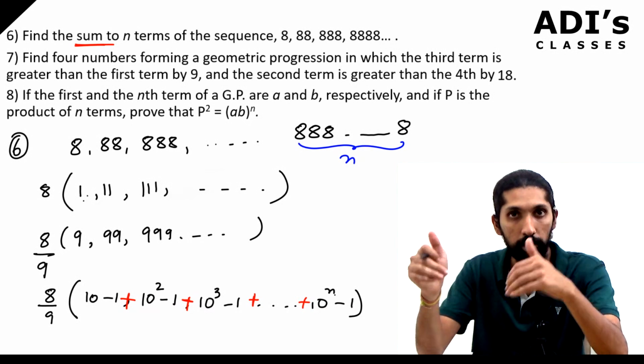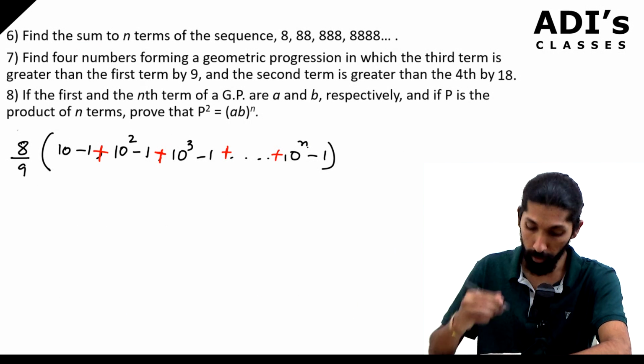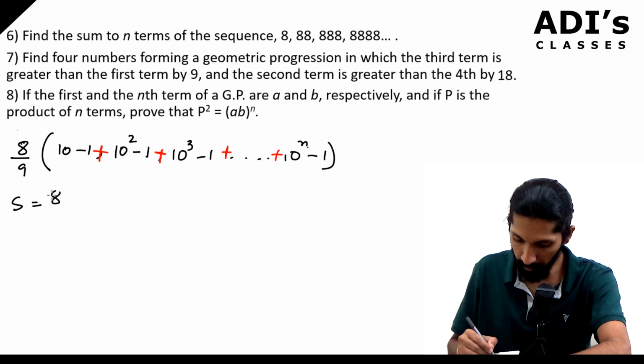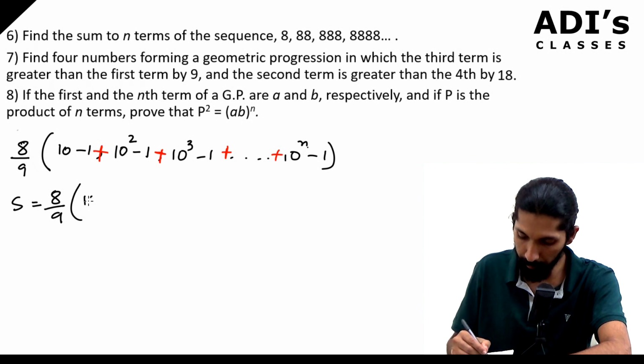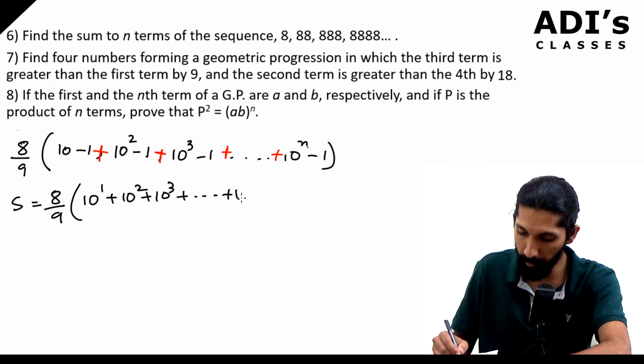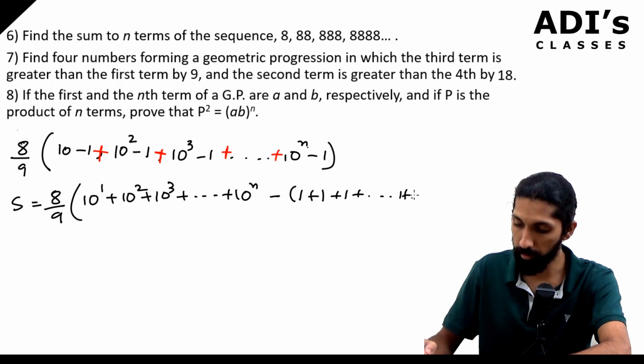Minus 1, minus 1, minus 1, that separately. Fair enough? What you will get is S is equal to 8 by 9 into 10 power 1 plus 10 square plus 10 cube, so on and so forth till 10 power n, minus of 1 plus 1 plus 1 plus 1 plus 1.